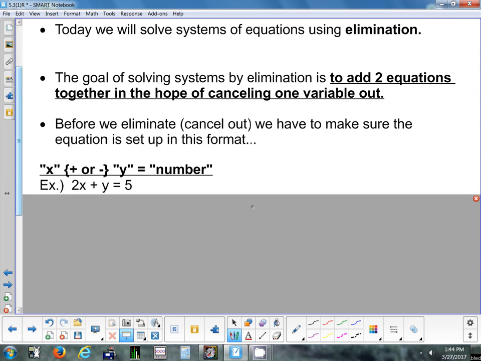All right, so looking at that equation, can somebody give me something that's the opposite of one of the terms on the left? Somebody tell me what would be the opposite of one of the two terms on the left? Josh? Negative 2x. So if this was a real problem, I would hope that there's a negative 2x in the other equation somewhere to cancel that out.